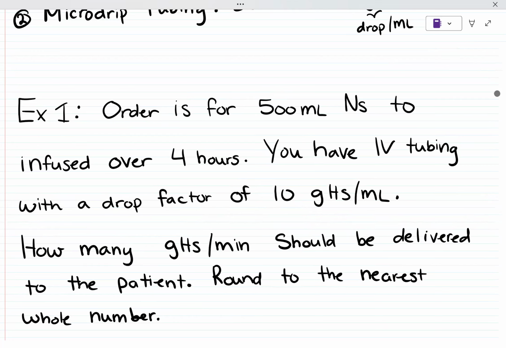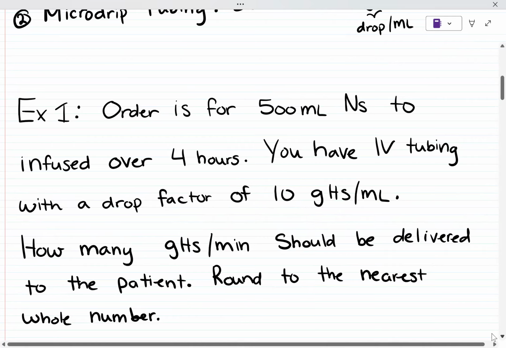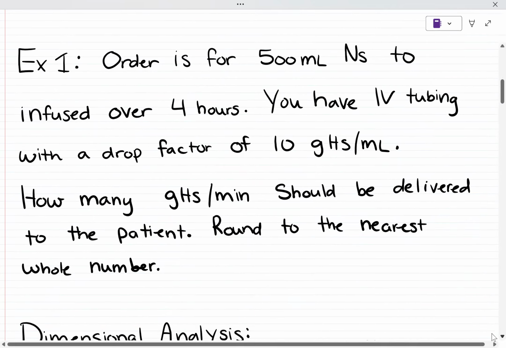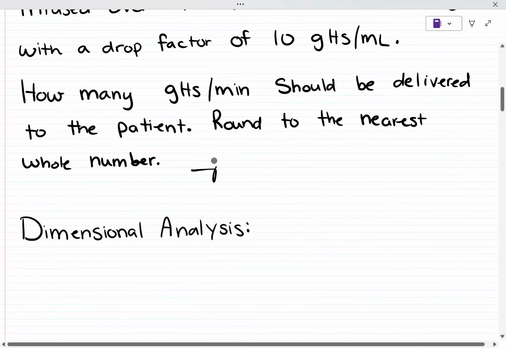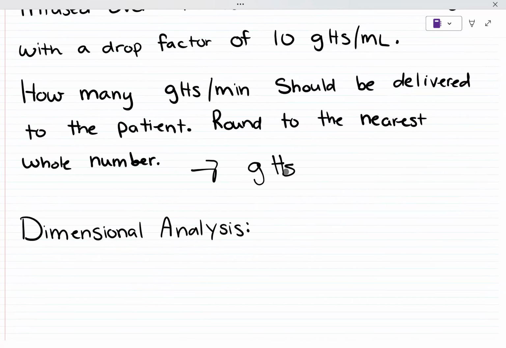So what you want is gtt per minute. That is your goal; your final answer has to be in gtts per minute. What we could do is start with dimensional analysis, starting with what we have.